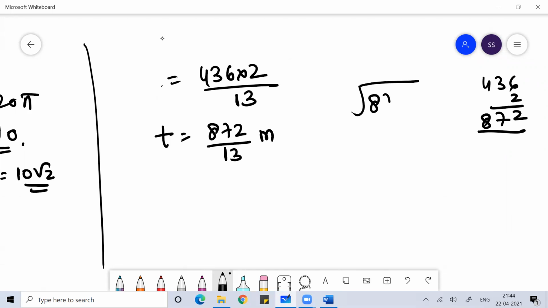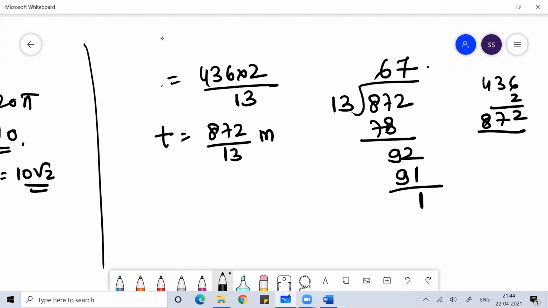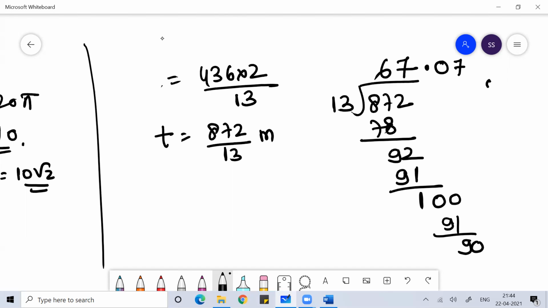So 872 by 13. 13 6s are 78, 13 7s are 91. So around the time is around 7.076 seconds, around that.